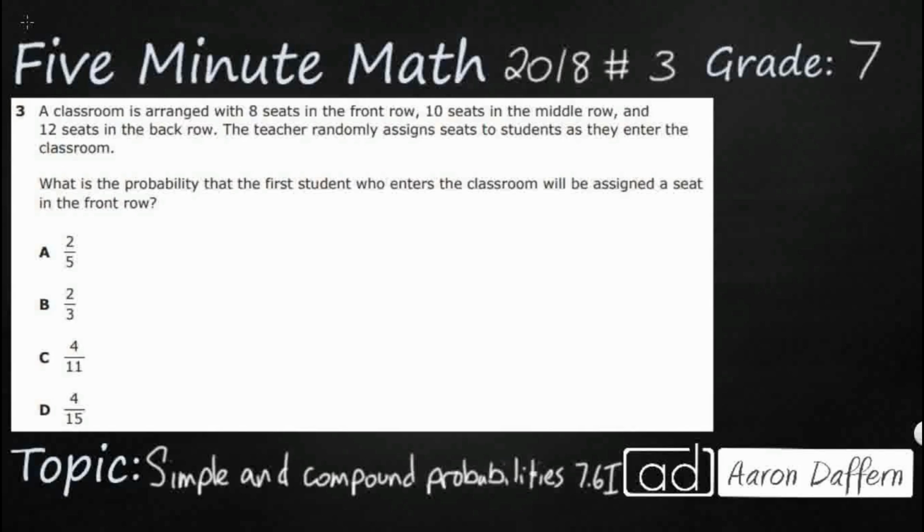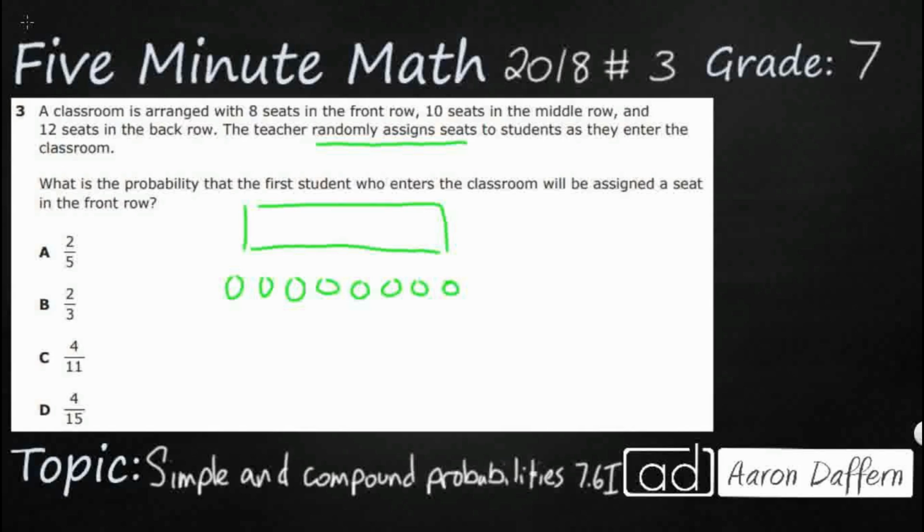So we have a classroom that's arranged with 8 seats in the front, 10 in the middle, 12 in the back, and the teacher's randomly assigning seats. So let's see if we can draw that picture. Let's say we've got a chalkboard up here. Our 8 seats will just be 1, 2, 3, 4, 5, 6, 7, 8.